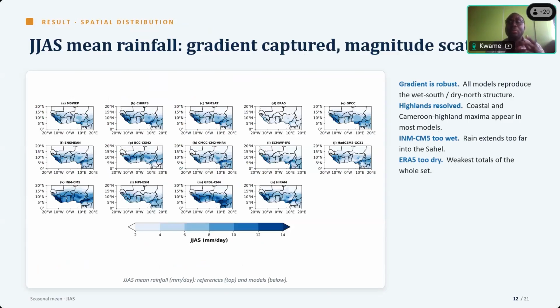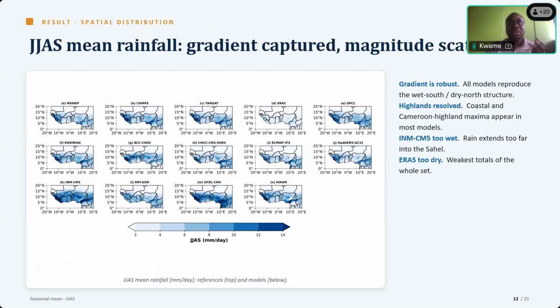That is, all models are able to reproduce the wet southern parts and the dry northern parts. So we see that mostly precipitation is concentrated over the southern part, which all the models were able to capture clearly. One other thing that the high resolution models did well with was to be able to capture the highland, the Cameroon highland maximum, and the maximum around the coastal areas.